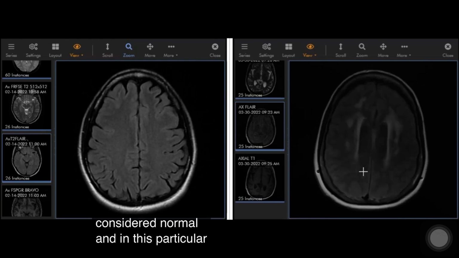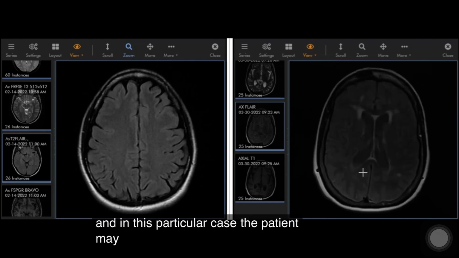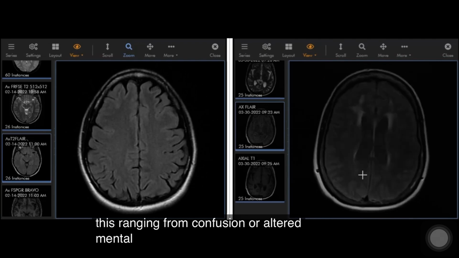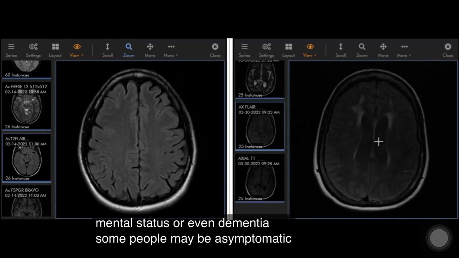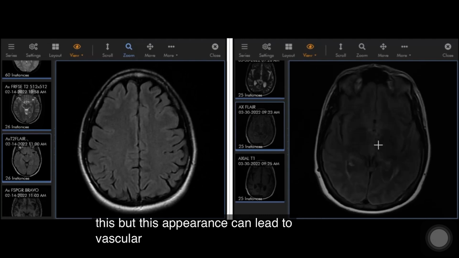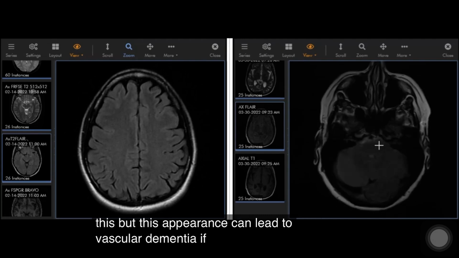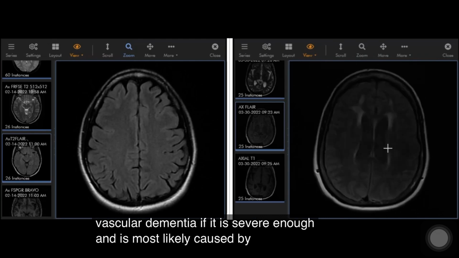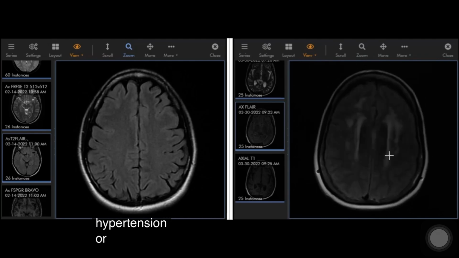And in this particular case, the patient may actually have symptoms related to this, ranging from confusion or altered mental status or even dementia. Some people may be asymptomatic with this, but this appearance can lead to vascular dementia if it is severe enough, and is most likely caused by hypertension or high cholesterol.